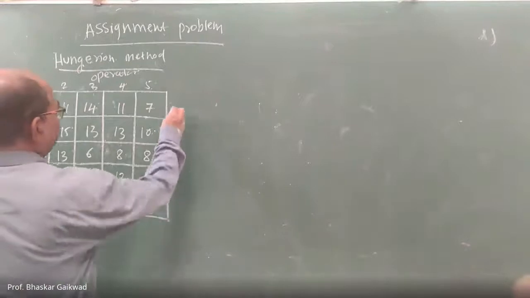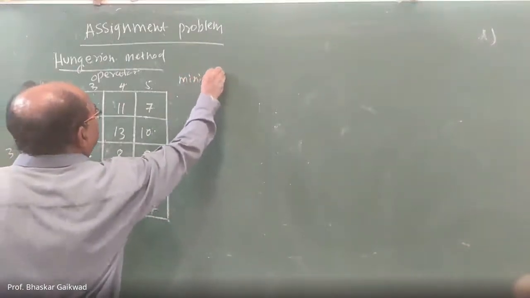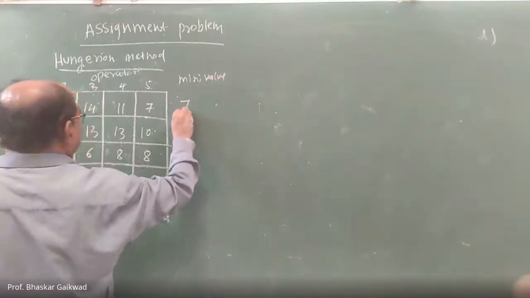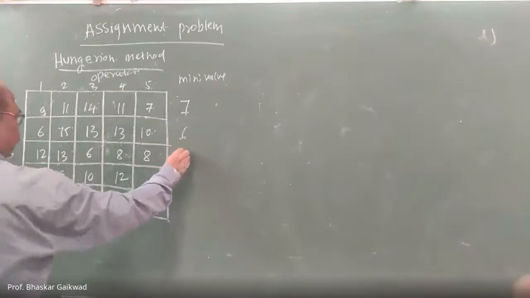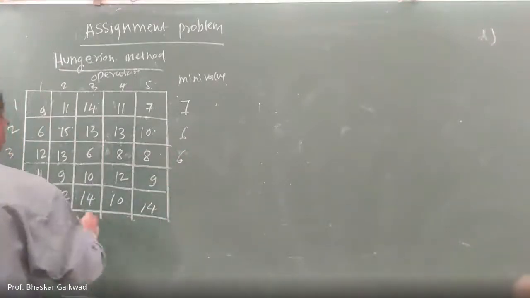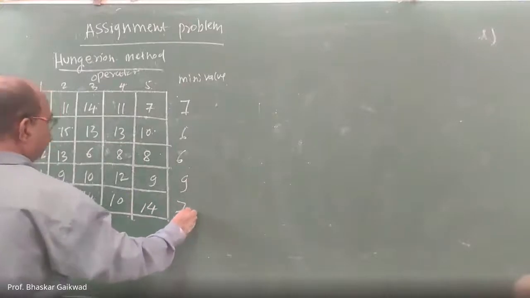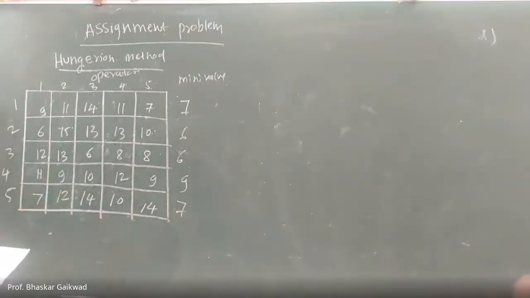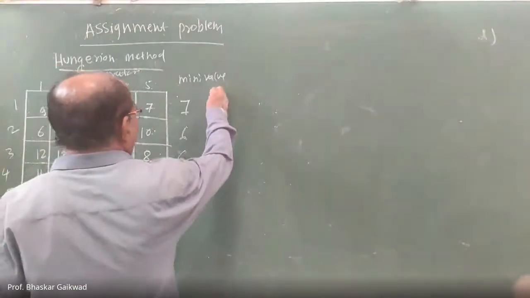Say one minimum value. Say one, three. This is the thing. Then here is the 9. And here is the 7. So this value you have to deduct from each row.